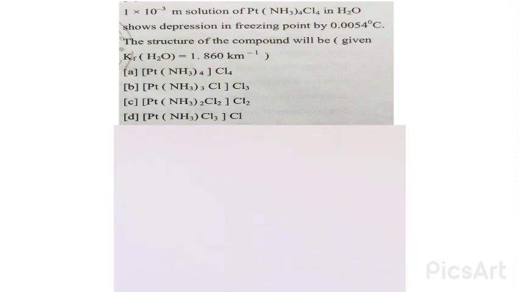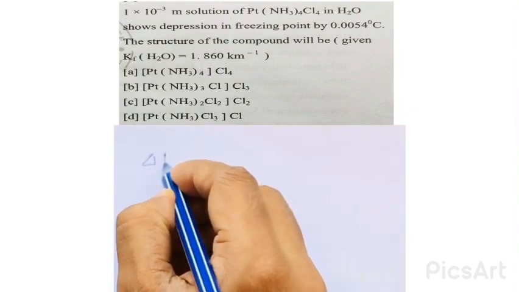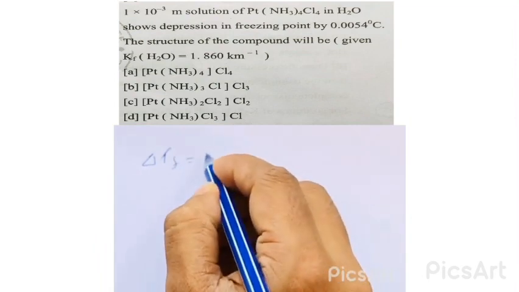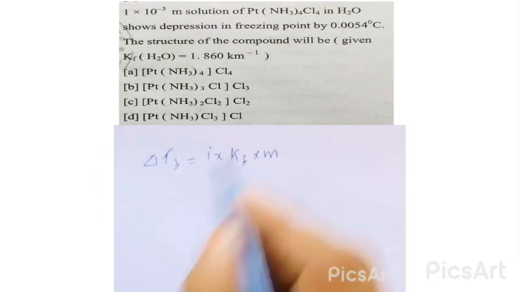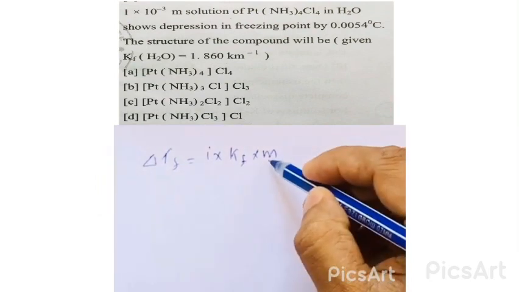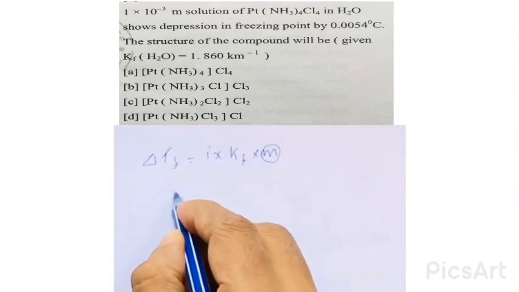So we can calculate i from the question. Delta Tf equals i into Kf into m. Molality is given in the question, that is 1 into 10 raised to minus 3. Then Kf is given and delta Tf is given. So we can calculate i.